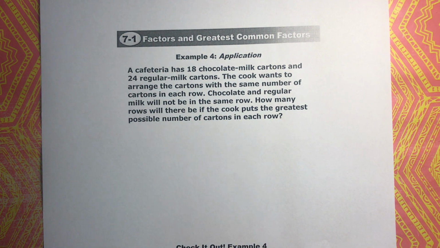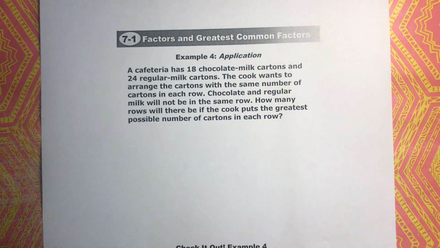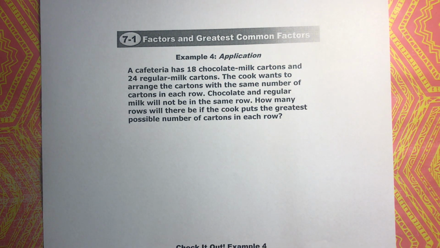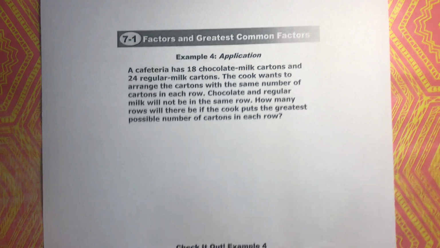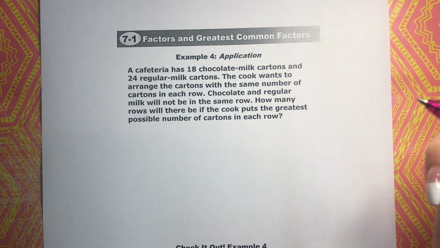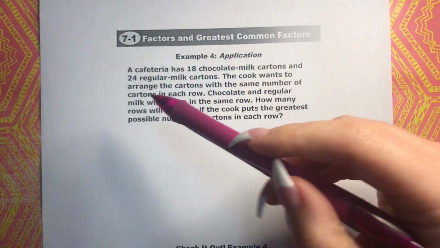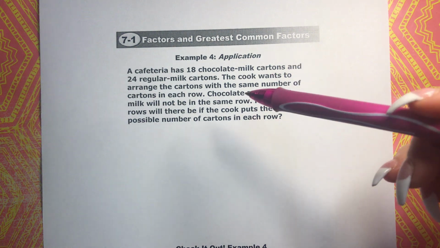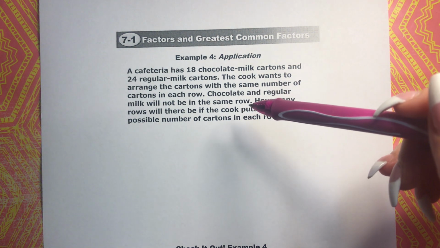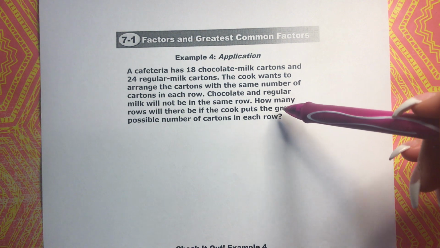So we want the greatest number that can go where we have the same number and we don't mix the chocolate milk and the regular milk. That means that we are finding the greatest common factor between 24 and 18. And when we find the greatest common factor, it's going to tell us how many cartons are going to be in each row. But that doesn't necessarily tell us how many rows, right?